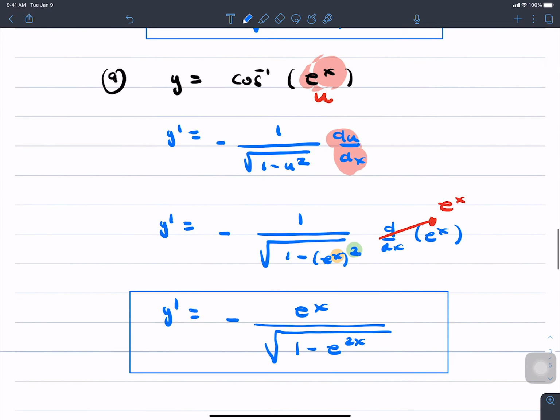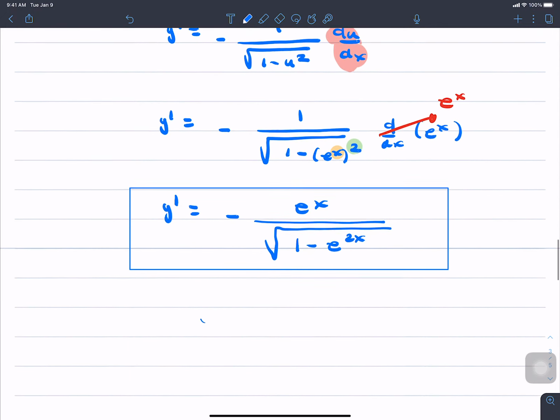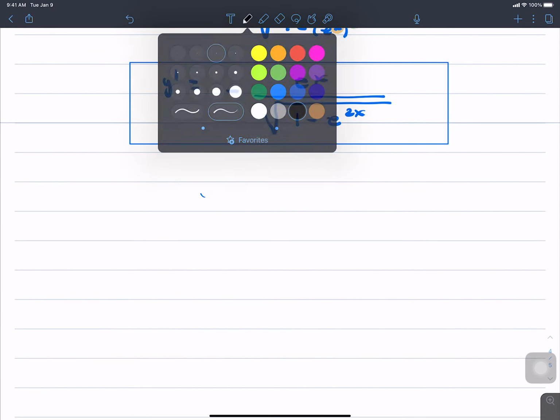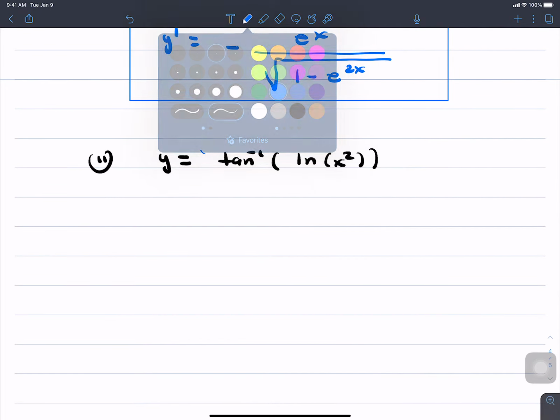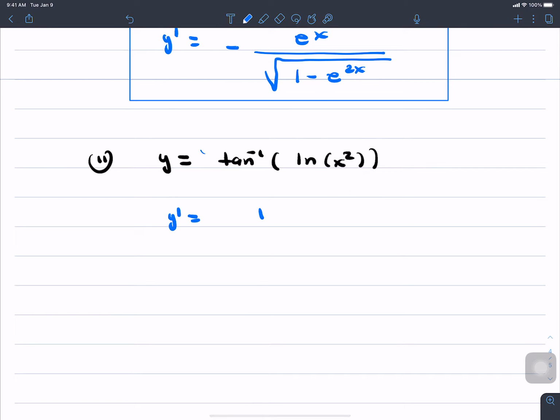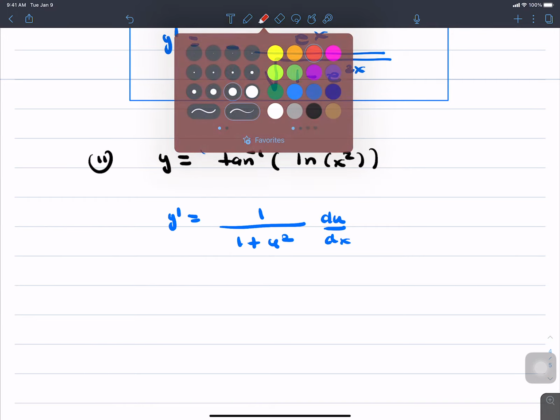Kicking it up. y equals inverse tangent. We're going to say natural log of x squared. So the derivative formula, 1 over 1 plus u squared du dx here, the chain portion.